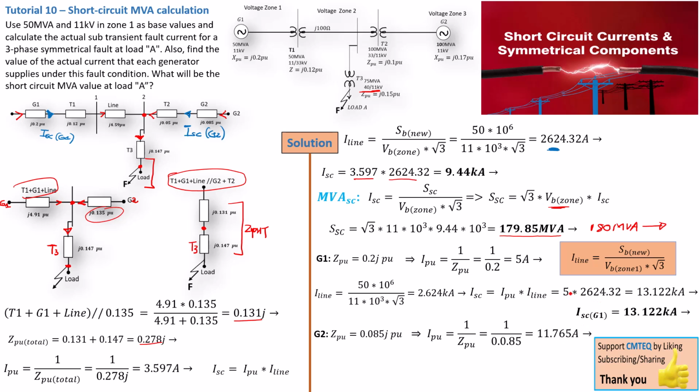It's almost double compared to the one for generator 1. So that gives us a short circuit for generator 2 of 30.874 kA. Obviously more than double. That tells the story from the I per unit of generator 2. So basically this is how you deduce all these calculations.